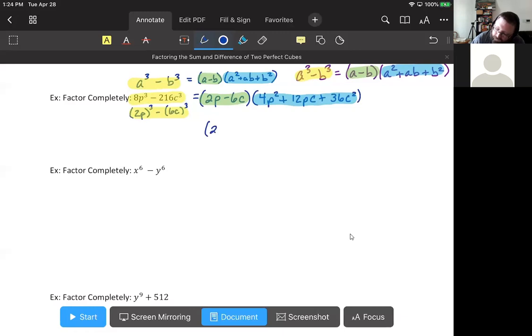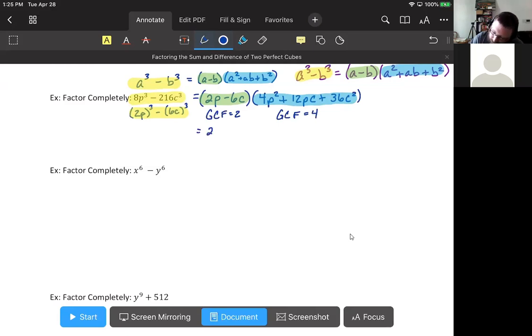In this case, we actually have a GCF that we missed that could be pulled out. When it says factor completely, we have to make sure we've pulled that GCF out. If you'll notice, you can take a 2 out of this first set of parentheses, and you can take a 4 out of the second set of parentheses.